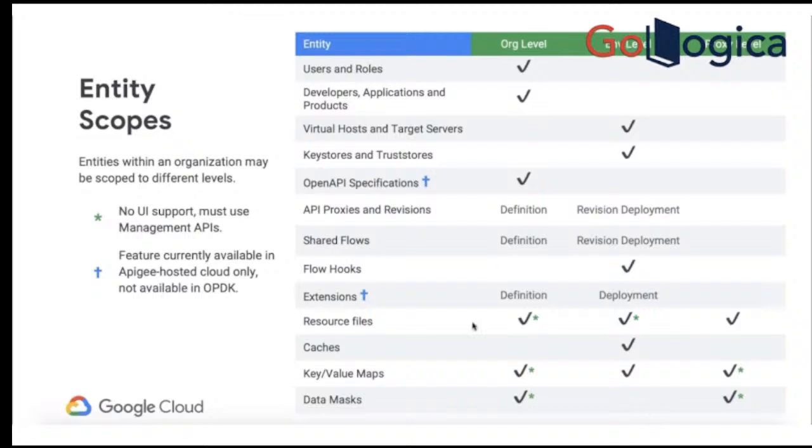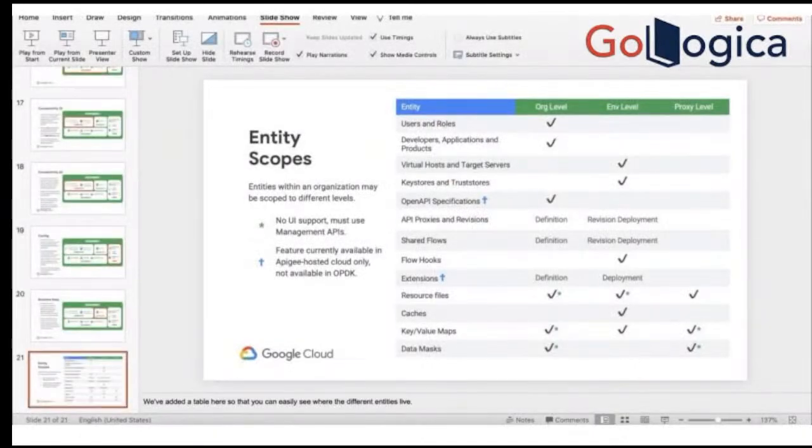So all these entities, depending on how you want to use them, you can do that. We will see these entities later on in detail, and we will use them in our labs as well, in certain scenarios. So that is just to get an overview on the concept of organization and environments.